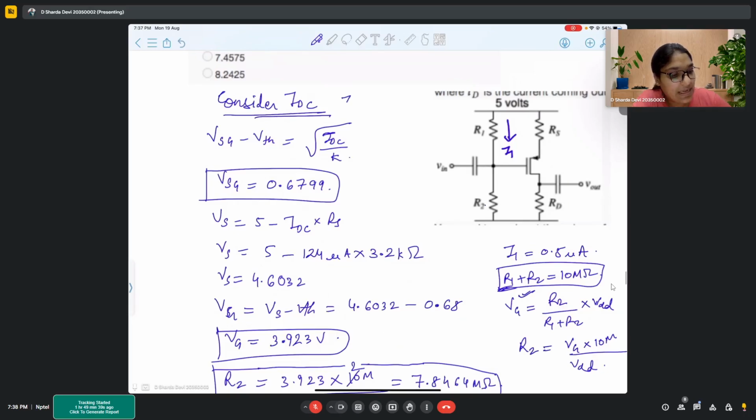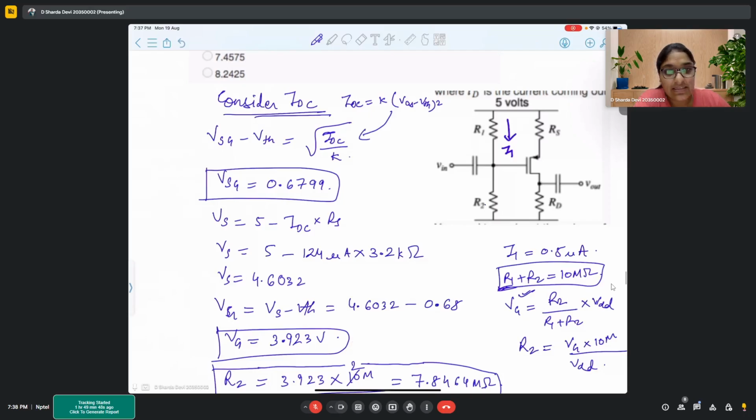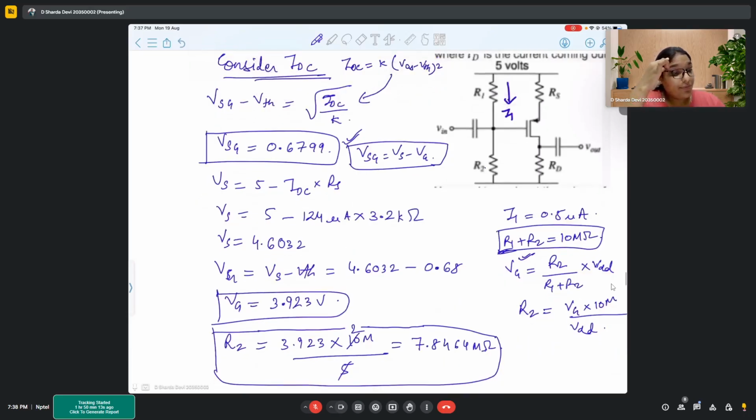So this is basically IDC equal to K into VSG minus VTH whole square. Now you know the value of IDC, K and VTH, so you can find VSG, correct? We also know that VSG basically means VS minus VG, so if I find Vs and VSG, I can find Vg and use it in this equation to find R2.